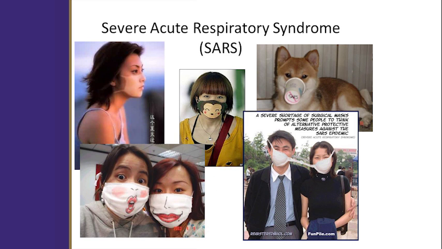And as we started seeing things like SARS popping up, we started seeing real concerns with the coronaviruses as a very significant pathogen. Of course, you can see the inadequate PPE that people kind of throw up in terms of protecting themselves. This was all over the news when SARS happened.